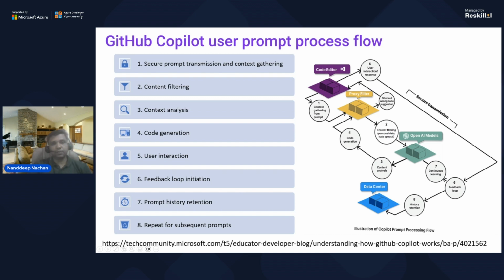The third thing it does is the context analysis, not content analysis. After checking the content, Copilot looks at all of the information it has gathered, like the code that you are working on and the type of file that you are working on. This helps Copilot understand what you are asking for, and what you are trying to do inside of your code. And then obviously it goes for the code generation.